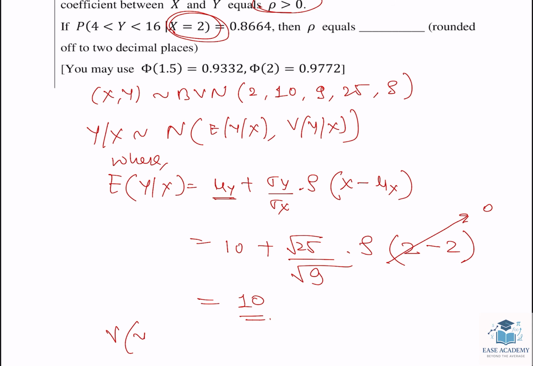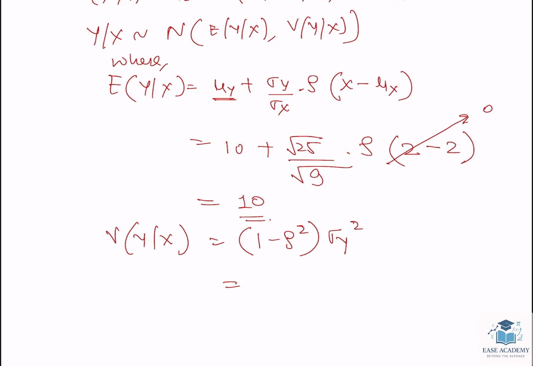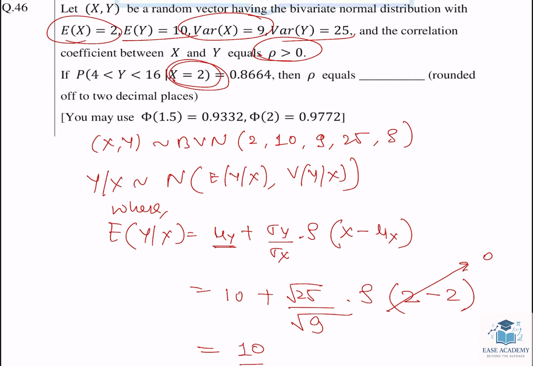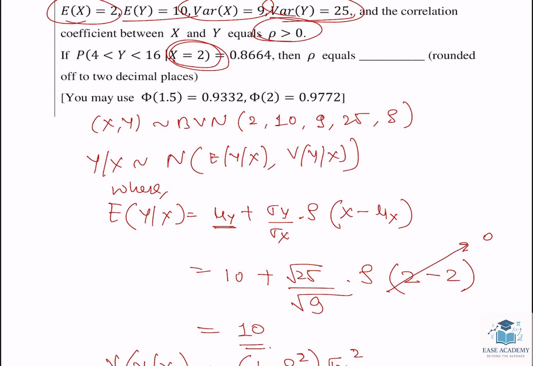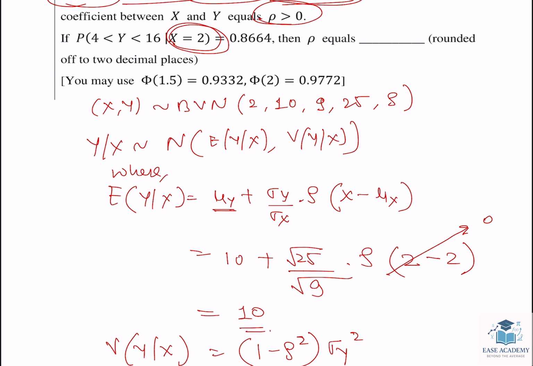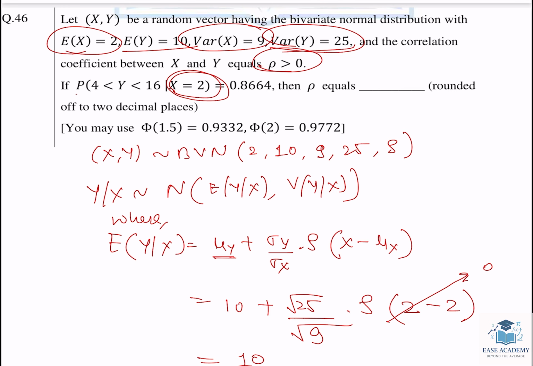Now the variance of Y given X would be 1 minus the square of the correlation coefficient, into the variance of Y, which is 25. So this is 25 times (1 minus rho squared). Now use this conditional mean and variance to find the probability.